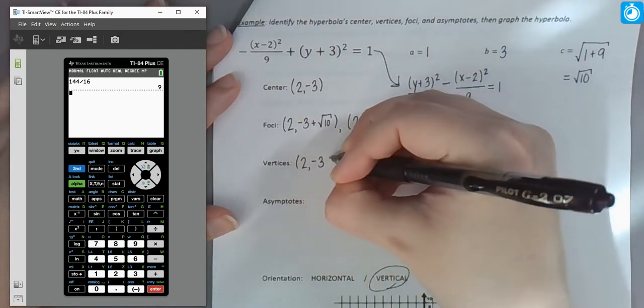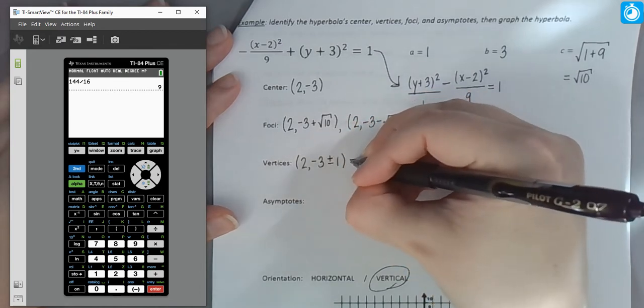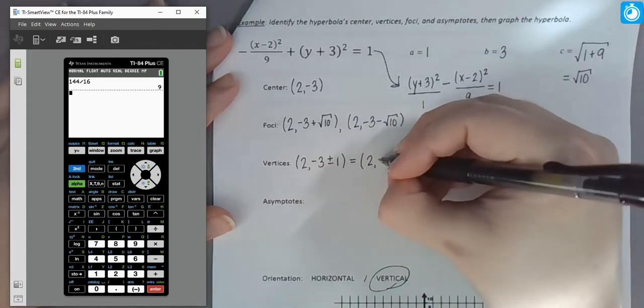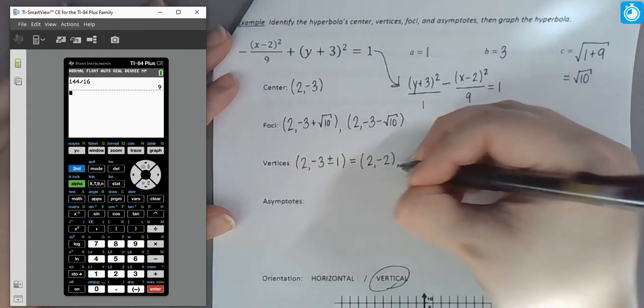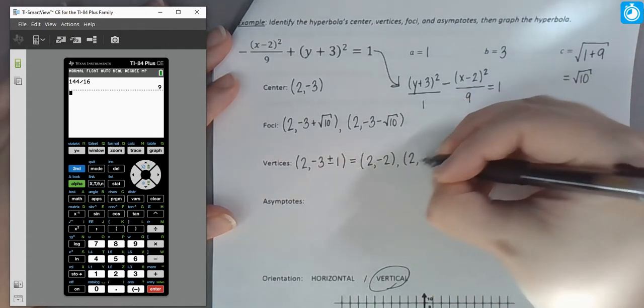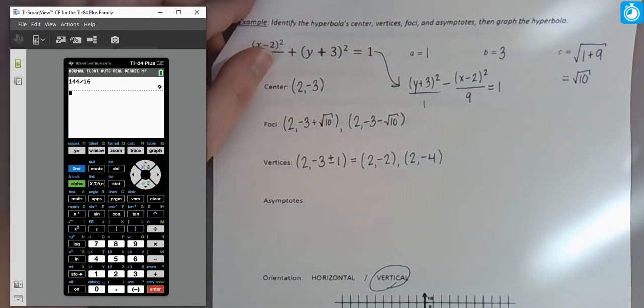So negative 3 plus or minus 1. I'll just write it that way and then we can break that up. So negative 3 plus 1 is going to be negative 2. So we have a vertex at 2, negative 2. And then negative 3 minus 1 is going to be negative 4. So our other vertex is at 2, negative 4.